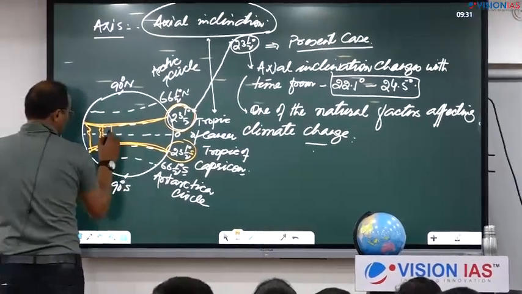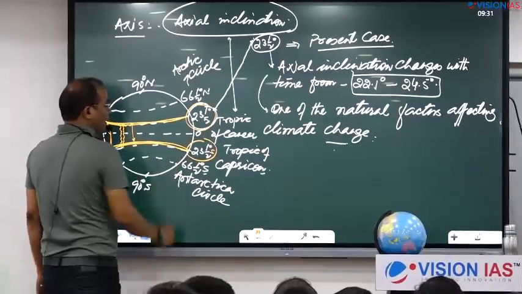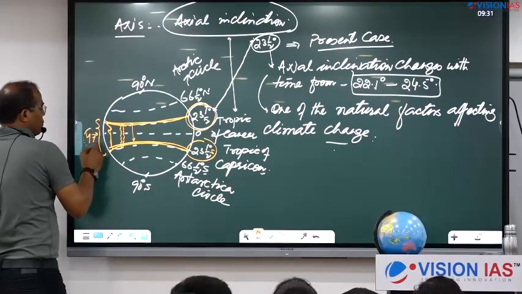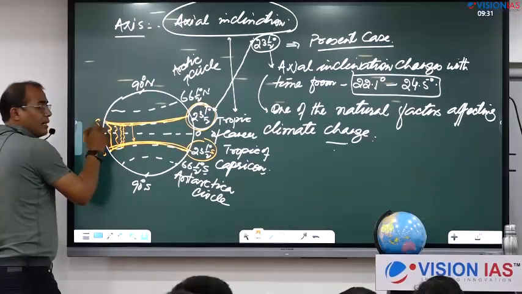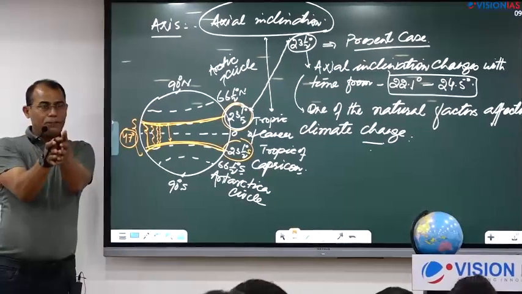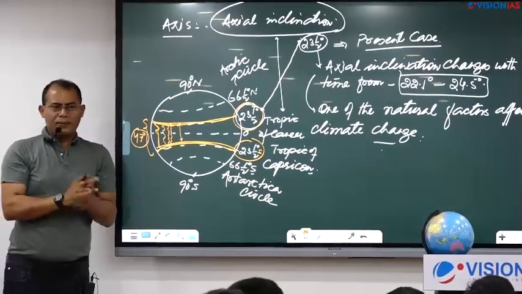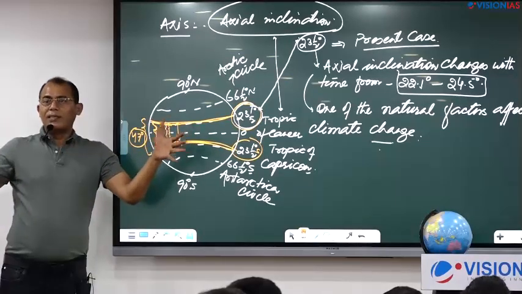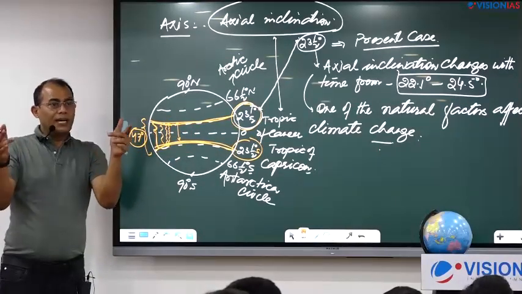So this part, right now it is 23 and a half and 23 and a half. That means together we have 47 degrees of latitude where vertical rays of the sun travel. Wherever the vertical rays of the sun are there, the temperature will be higher. All of you know, if a larger area is covered by vertical rays, the Earth's average temperature will be higher.